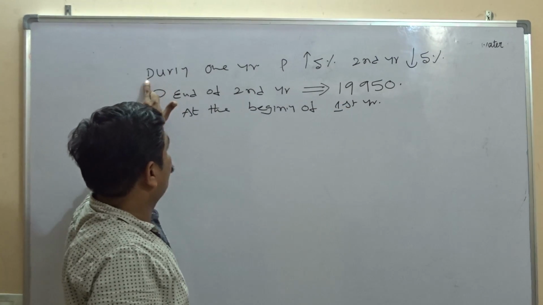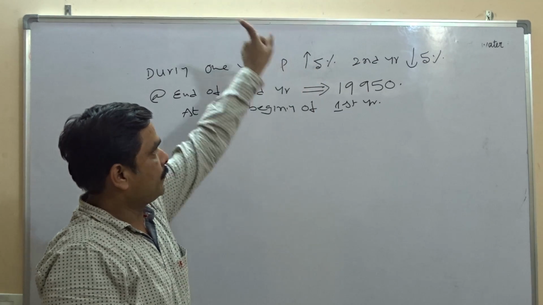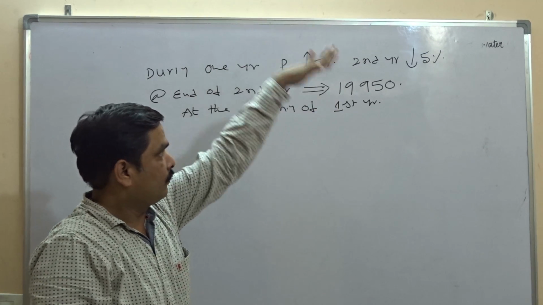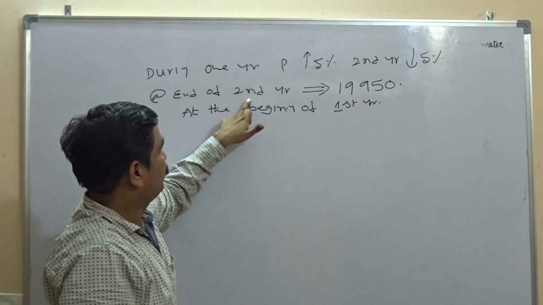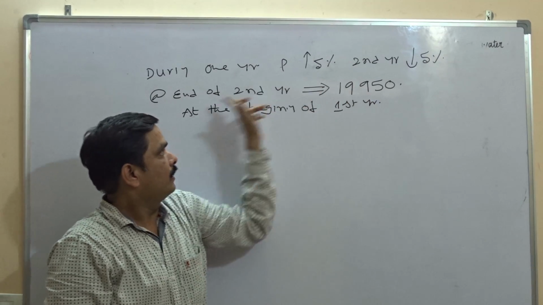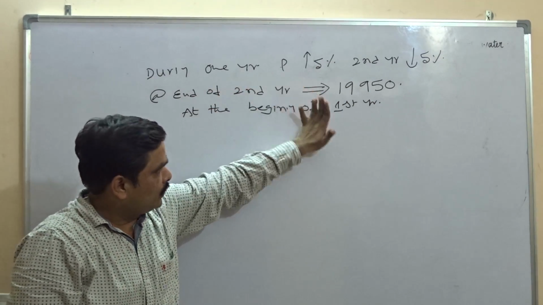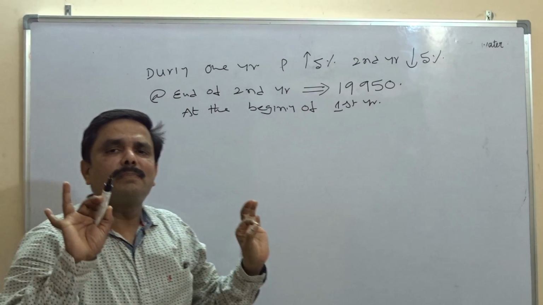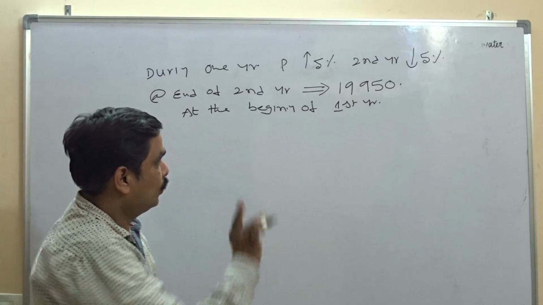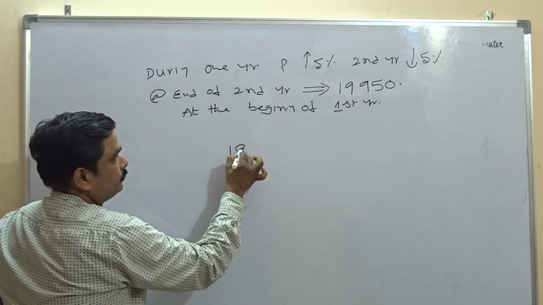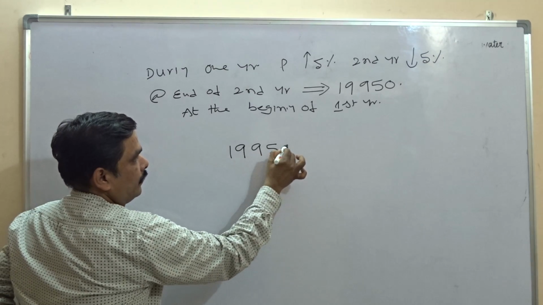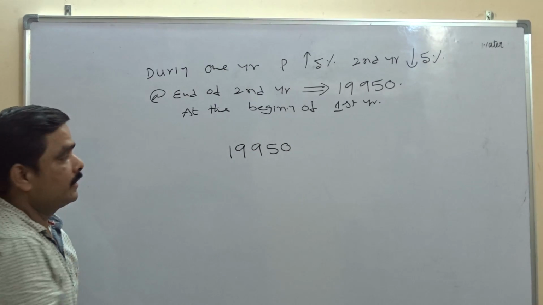I just read out. During 1 year, population was 5% increase. Second year, 5% decreased. At the end of second year, 19,950. Then what was the population at the beginning of first year? You can do this question also in a simple way, in a simple manner. Do like this. First take 19,950, right?